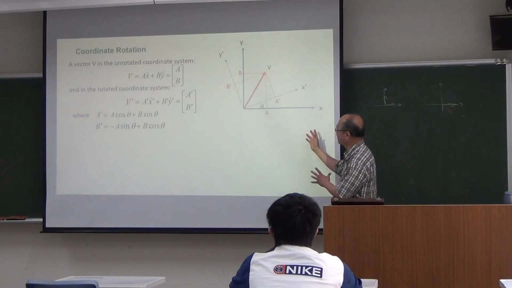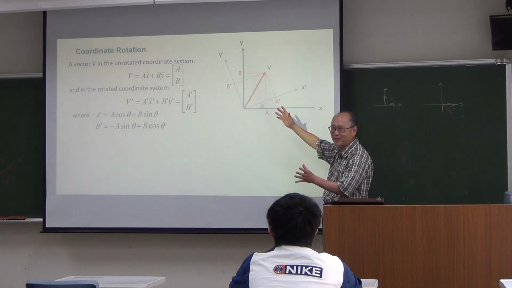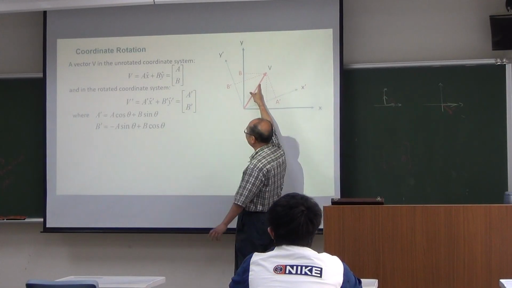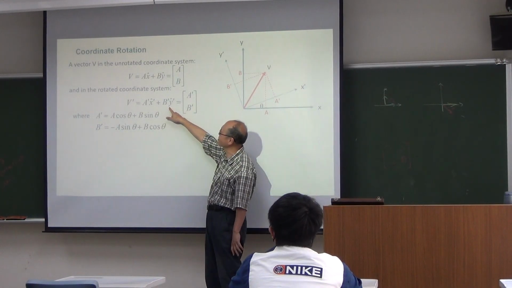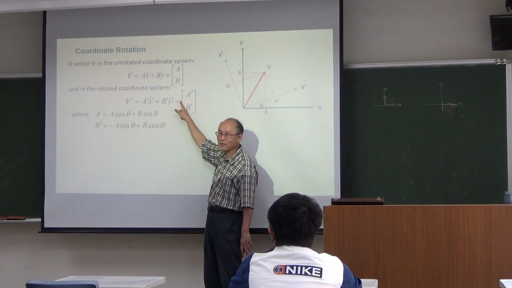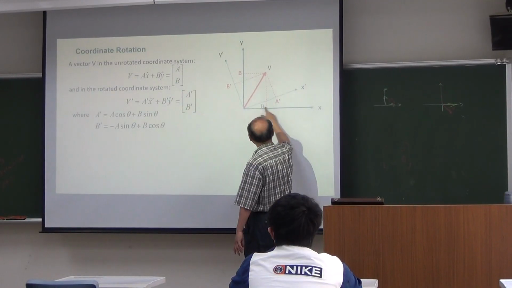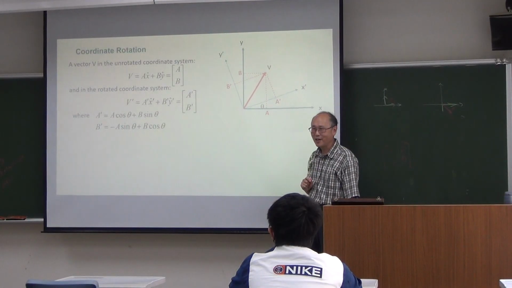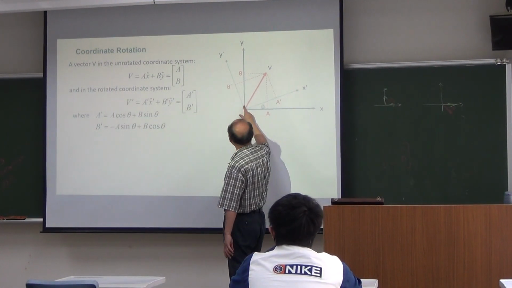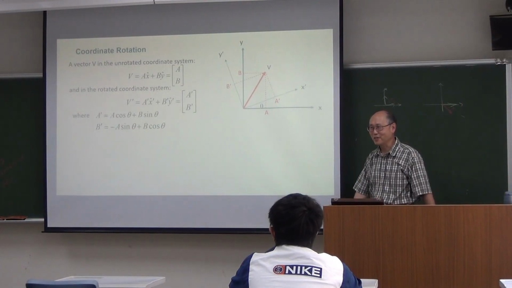but this is just some sort of figuring out sine, cosine, and so on to express the same vector in the prime coordinate system. These two are the same vector, but this one is described in this upright coordinate system, and this is the vector based on this tilted coordinate system.